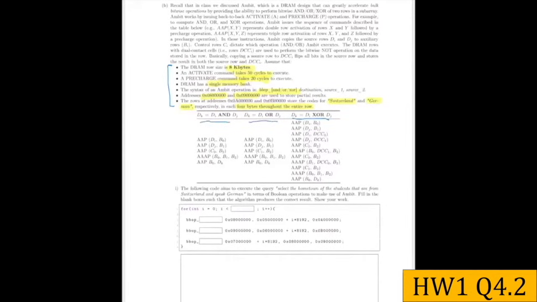The following code aims to execute the query that you were trying to accelerate before: select the hometown of students that are from Switzerland and speak German, in terms of Boolean operations, to use Ambit. So it asks you to fill the boxes such that the algorithm produces the correct result. There are 4 boxes here. The first one asks for how long this loop is going to execute, and then the sequence of Boolean operations that Ambit is going to execute.